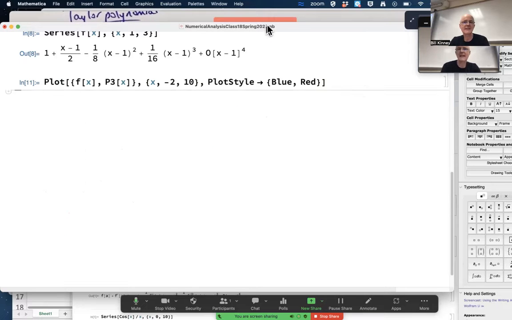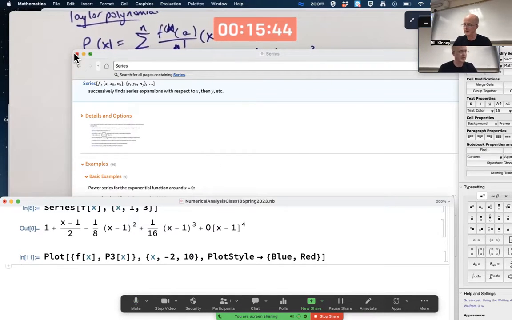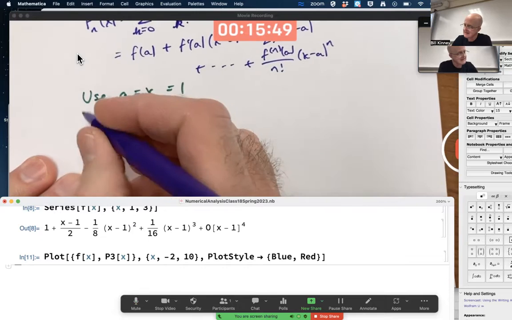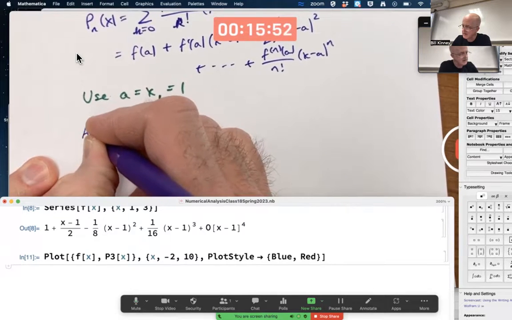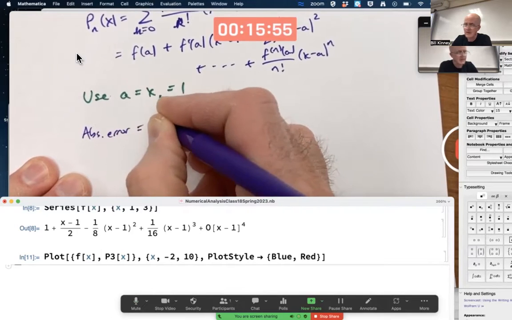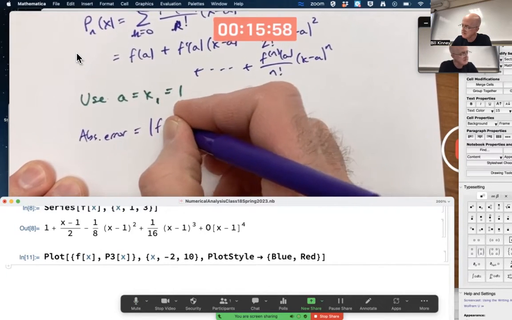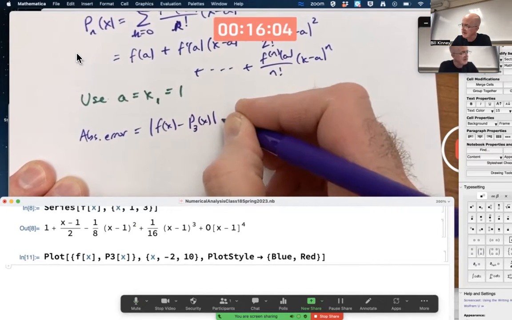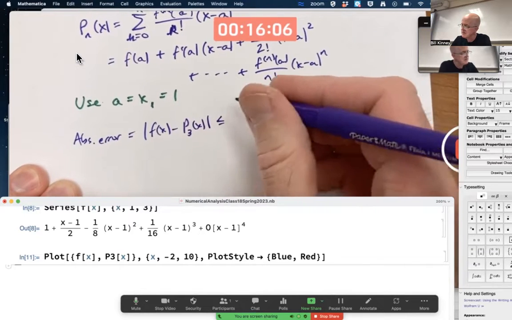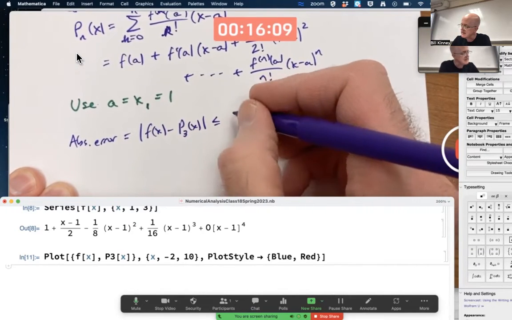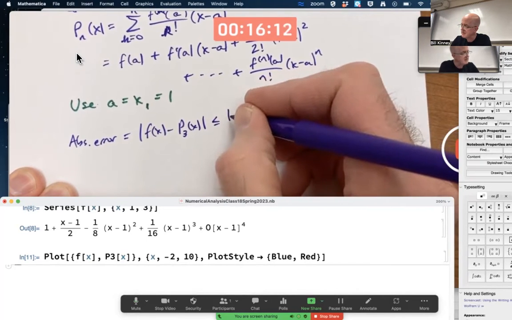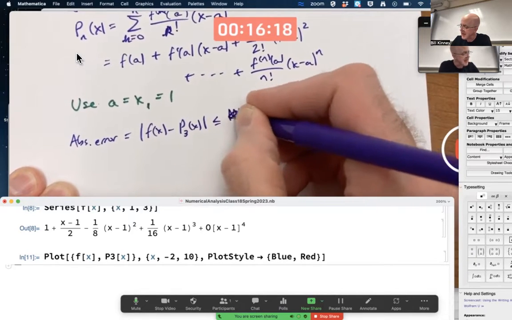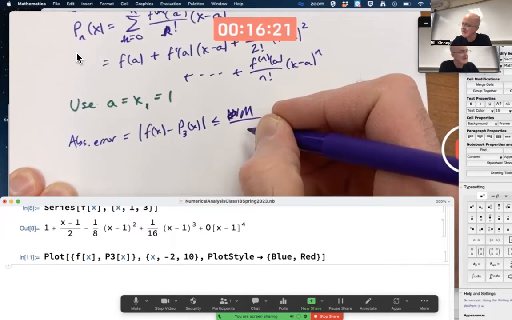What would the error bound theorem say in this context? It would say the absolute error, the absolute value of the actual function output minus the approximation, is less than or equal to, what was it? Let's say it's M divided by 4 factorial.